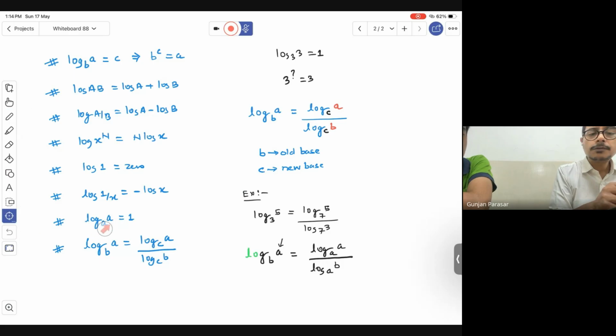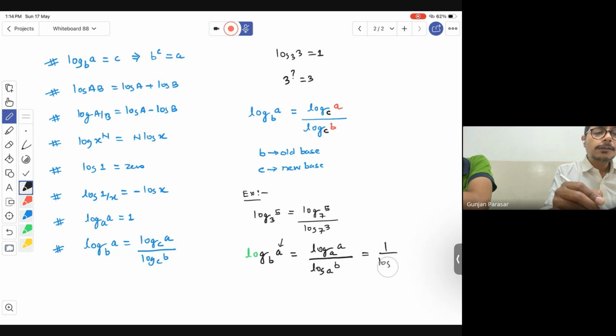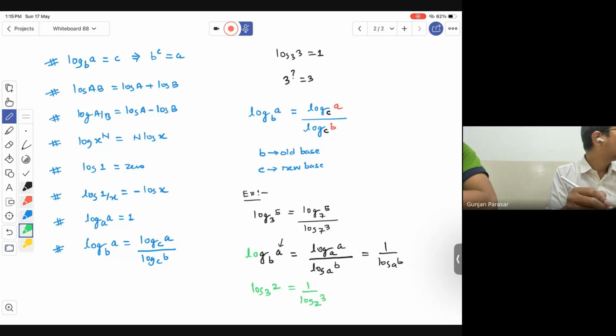It is 1. So what is it going to become? 1 by log A B. It's like base and input getting interchanged, no? So for example, log having base 3 input 2 is equal to the reciprocal of log having base 2 input 3. Clear, no?